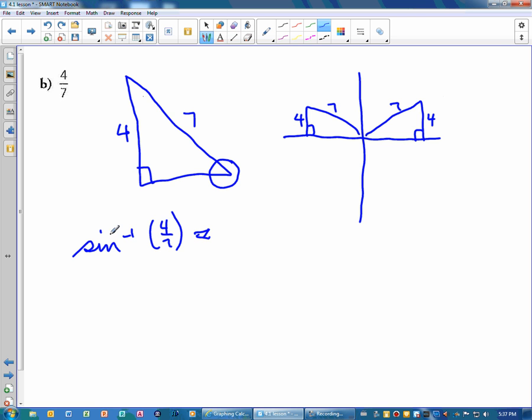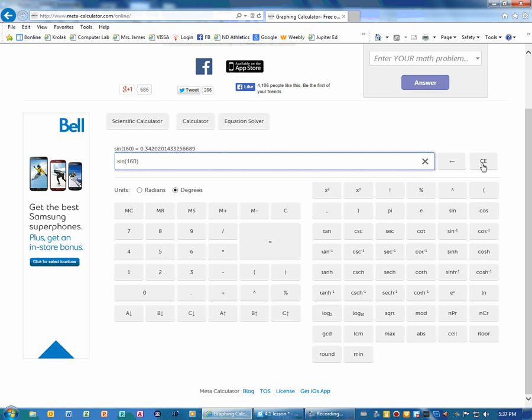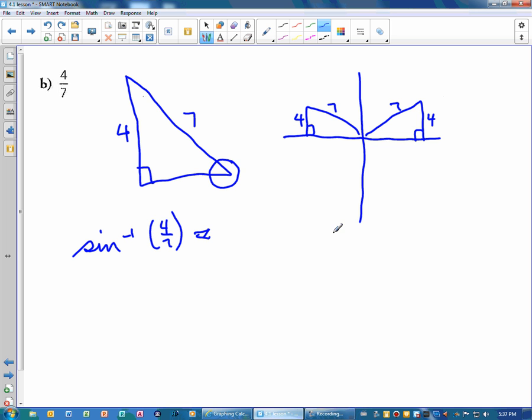And the way you ask your calculator about angles is you inverse. So you simply go inverse sine and then go 4 divided by 7. 34.84. So we're going to say 35 degrees.